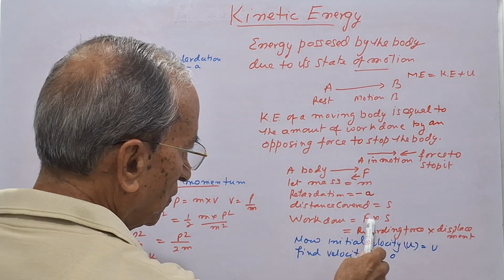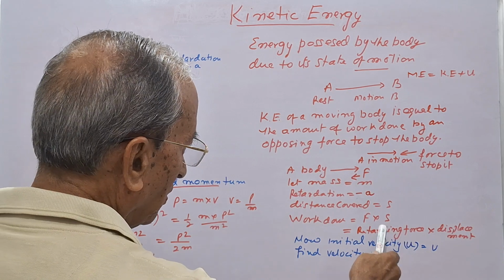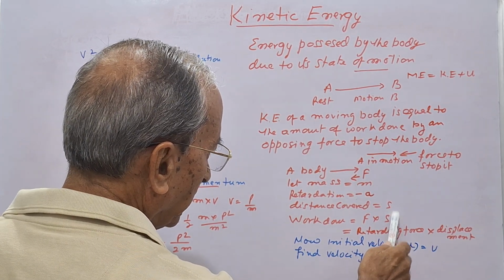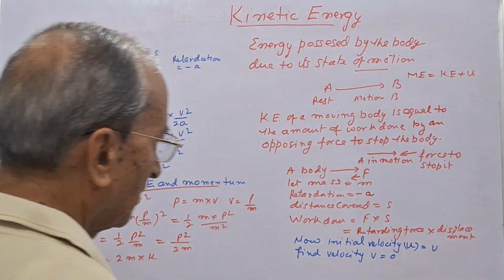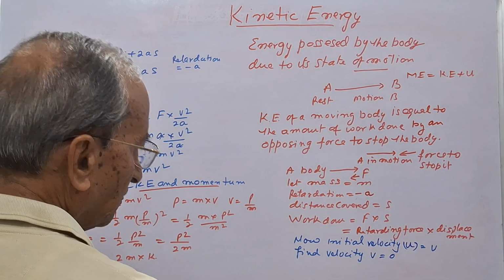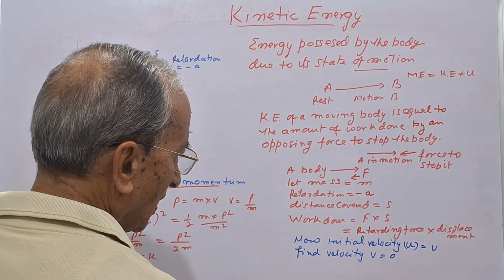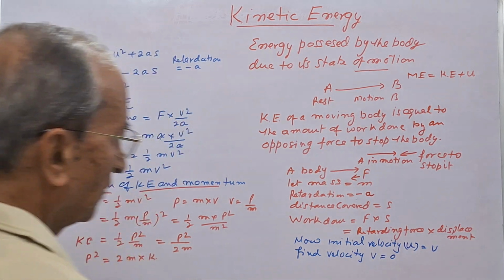Now work done is equal to force into displacement, where force is the retarding force. Here we have to calculate the displacement. Suppose the initial velocity of the object, that is u, is v, and when it stops, the final velocity is 0.